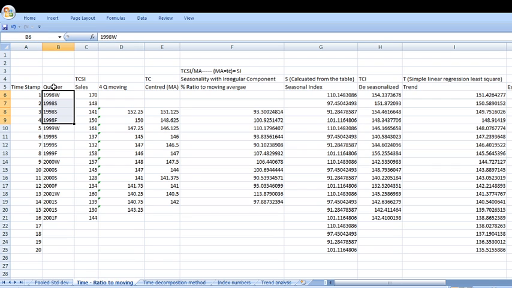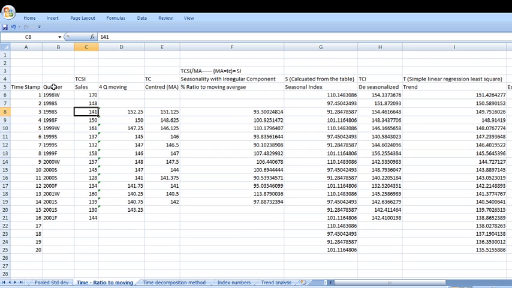This example is all about sales of a particular product in thousands. So 170,000 is the sale we saw in 1998 winter, then 148, 141, and so on. So we have 16 quarters of data covering around 4 years.